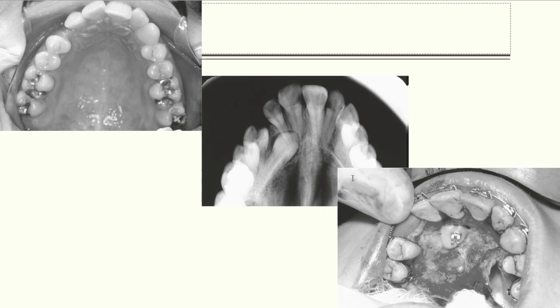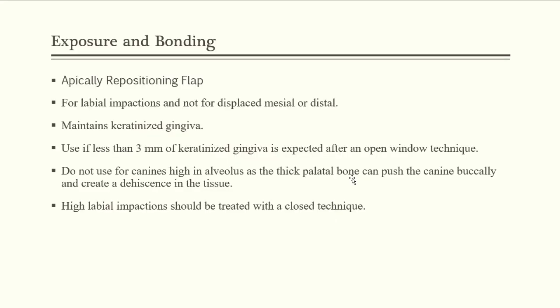We only expose the cementoenamel junction, only enough of the crown that we can place the bond on it. And then we close the flap. We make either a window or closed underneath without any wounds or openings.